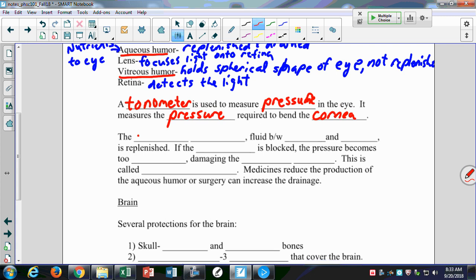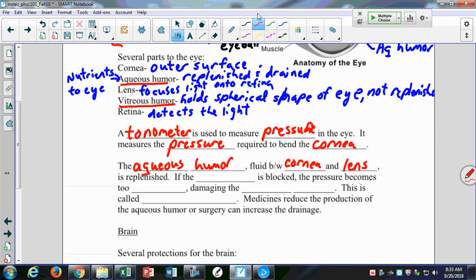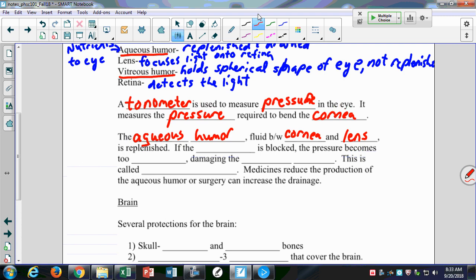The aqueous humor. This is the fluid between the cornea and the lens. We pointed this out on this graph up here. It's this stuff right here. It is replenished. If the drainage is blocked, the pressure becomes too big.